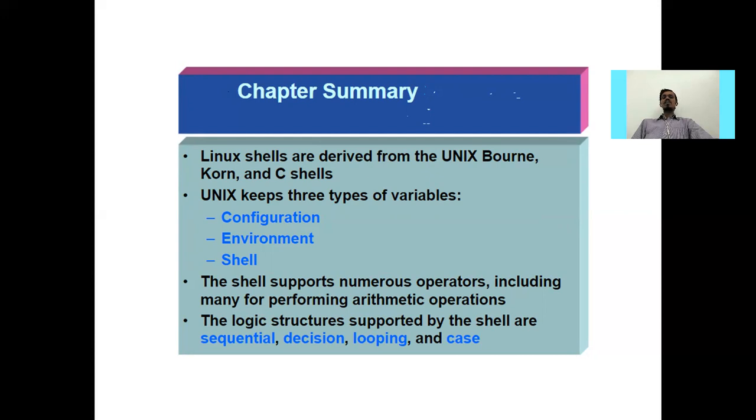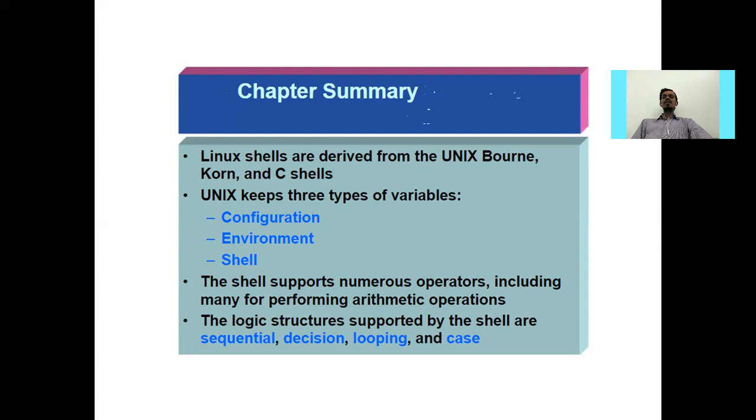The shell supports numerous operators, including many for performing arithmetic operations, and second, logical operators. The fourth and last point is the logic structure supported by the shells. Sequential commands are executed one by one.